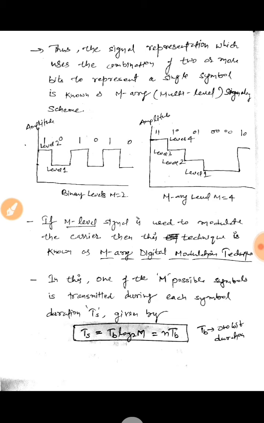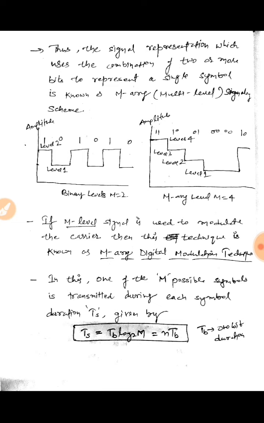Thus the signal representation which uses the combination of two or more bits to represent a single symbol is known as M-array signaling scheme. So in M-array signaling, two or more bits will be used to represent a single symbol.